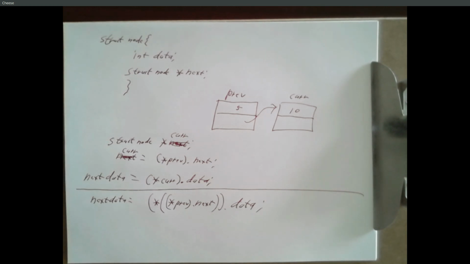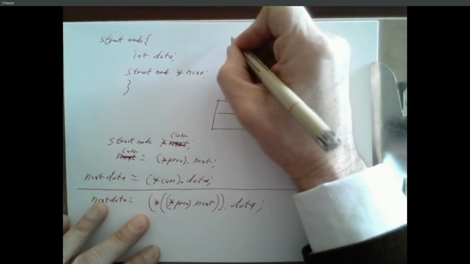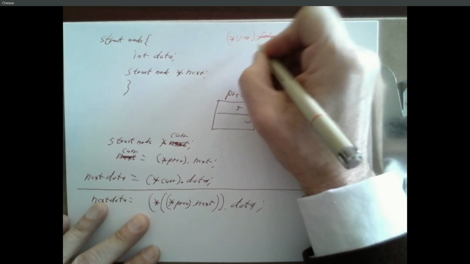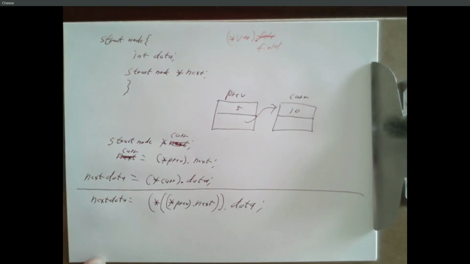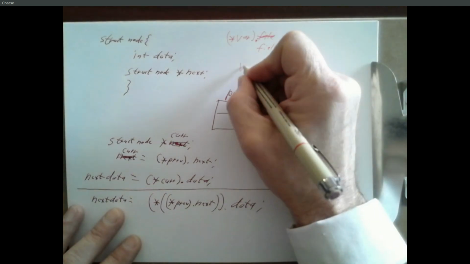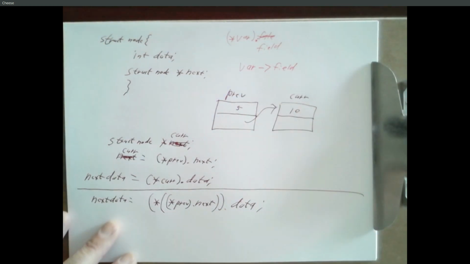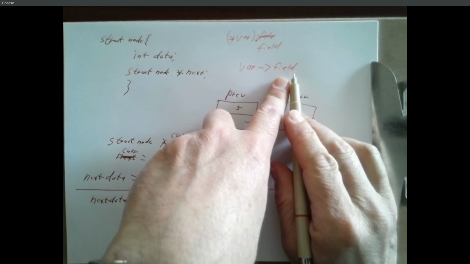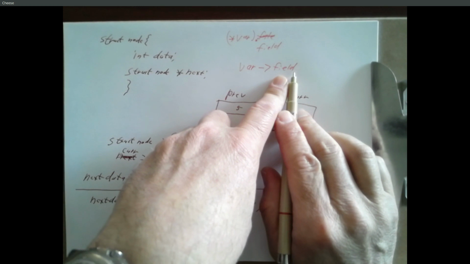So there's a shorthand. Variable, the thing that it points to, dot field, we can write this as variable arrow field. So variable arrow field is a shorthand for the thing that variable points to, take the field off of that.